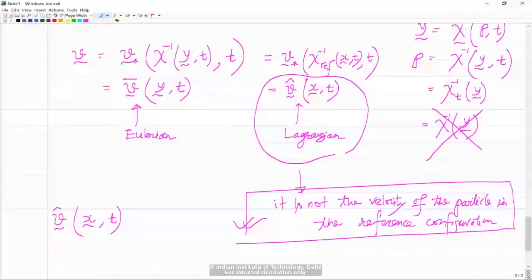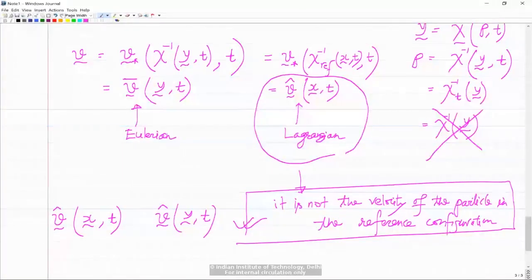Whereas in the Eulerian description, this v hat of y comma t. So when you fix your y and just change time, that means in the three-dimensional space, you are looking at a particular point in the space and at different times.